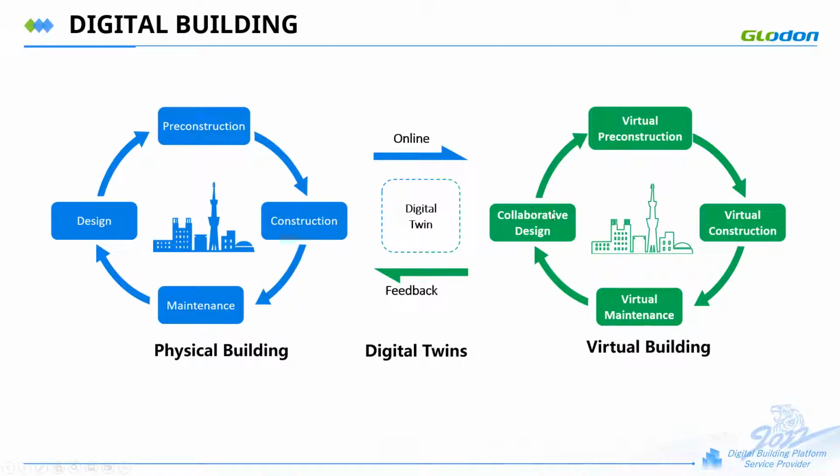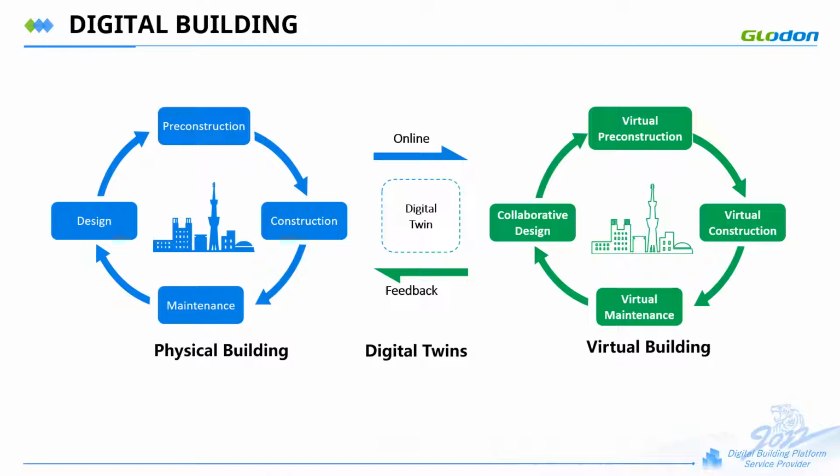So I have spoken about this collaborative design. We can use cloud technologies in order to do that. Then virtual pre-construction, e-tendering is the best example. Then the virtual construction, then the virtual maintenance. So we can feed information back to our physical building by using this virtual building.